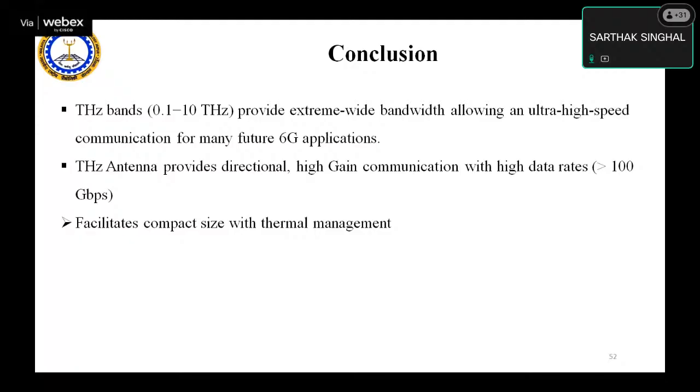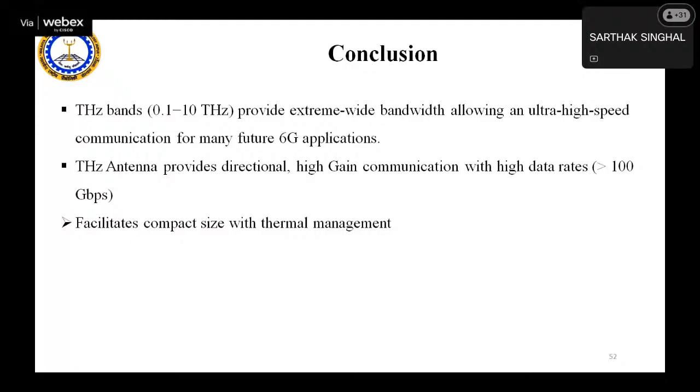Or in some cases, they are being explored up to 100 gigahertz. Okay, so what after that, we don't know right now. Okay, and we have designed some structures with high gain, of the order of 10 dBi and 11 or 12 dBi. So the data rates will be pretty high since the bandwidth is high.